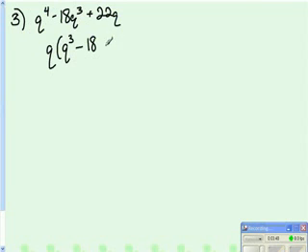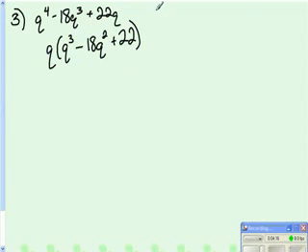Q to the 3rd divided by q to the 1st, 3 minus 1 gives me q squared. 22q divided by q, 1 minus 1 is going to give me 0, so I don't have any q's anymore. So I could do that. I need to keep in mind, if there was anything in here that I could still take out, I could do more. But looking at this one, there is nothing else I can do, so I'm going to leave that alone.